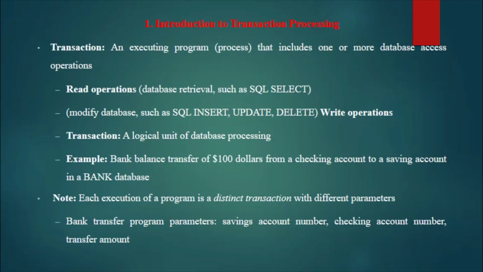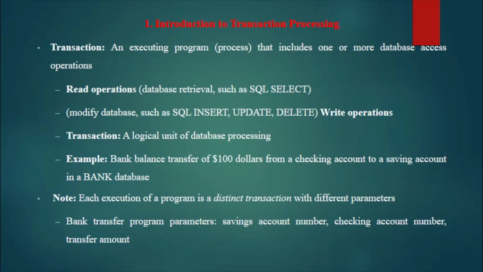With an example I can explain what a total transaction processing is. Let us consider a bank balance where we transfer $100 from a checking account to a savings account in the banking database. In that case, many transactions undergo; each execution of a program is a distinct transaction with different parameters.